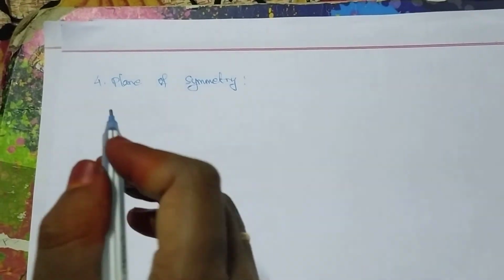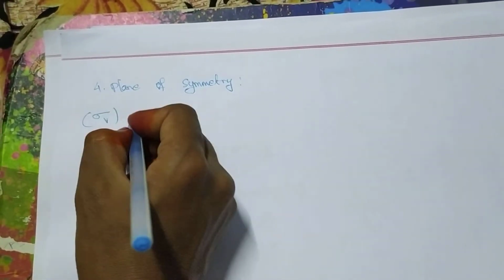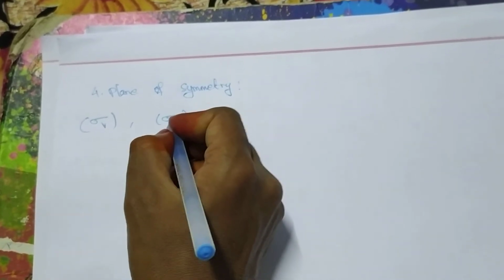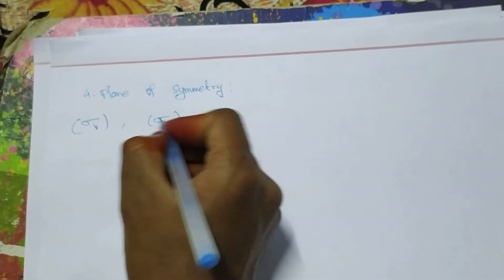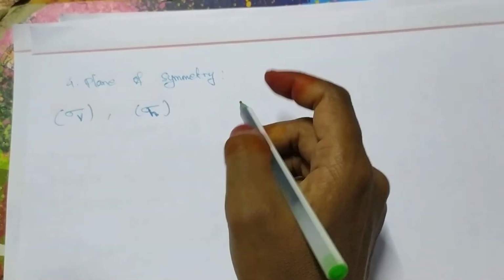There is the vertical plane, sigma v, and then the horizontal plane, sigma h. This h refers to horizontal, and this v refers to vertical. Now we take some examples and we see.